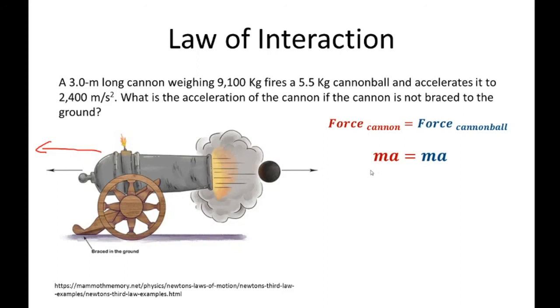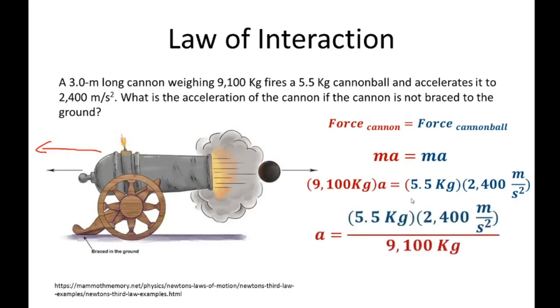Force of cannon, ma, is equal to force of cannonball, which is also ma. Substituting values, the mass of the cannon, 9,100 kilograms, times acceleration is equal to the mass of the cannonball, 5.5 kilograms, times the acceleration of the cannonball, 2,400 meters per second squared. Rearranging the equation, solving for acceleration, we have this one.